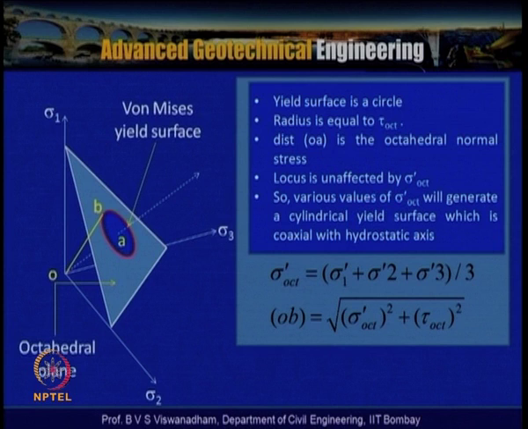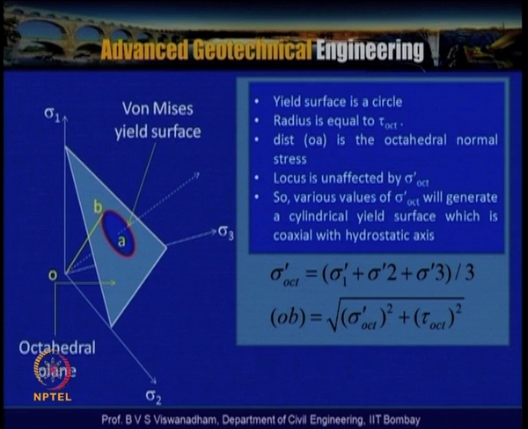Different values give different cylinders coaxial with the hydrostatic axis, so various values of sigma dash octahedral generate a circular yield surface coaxial with the hydrostatic axis. Sigma dash octahedral is equal to (sigma 1 dash plus sigma 2 dash plus sigma 3 dash) by 3, and OB is equal to the root of (sigma dash octahedral square plus tau dash octahedral square).